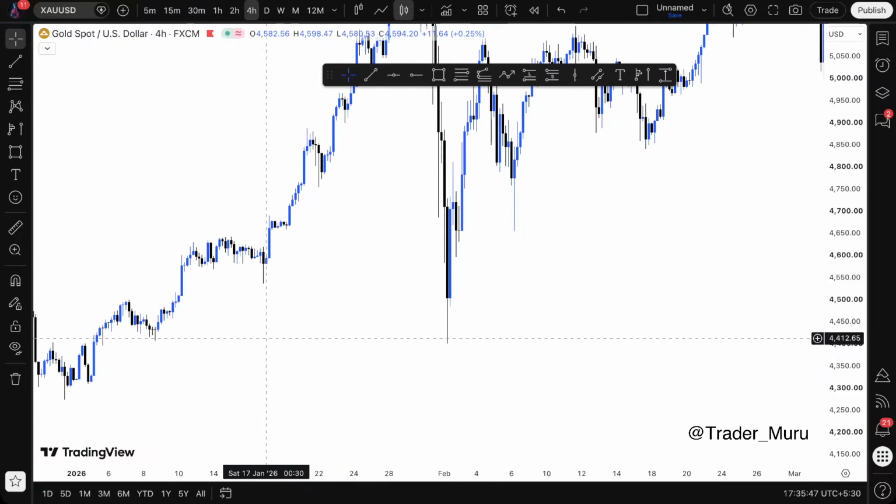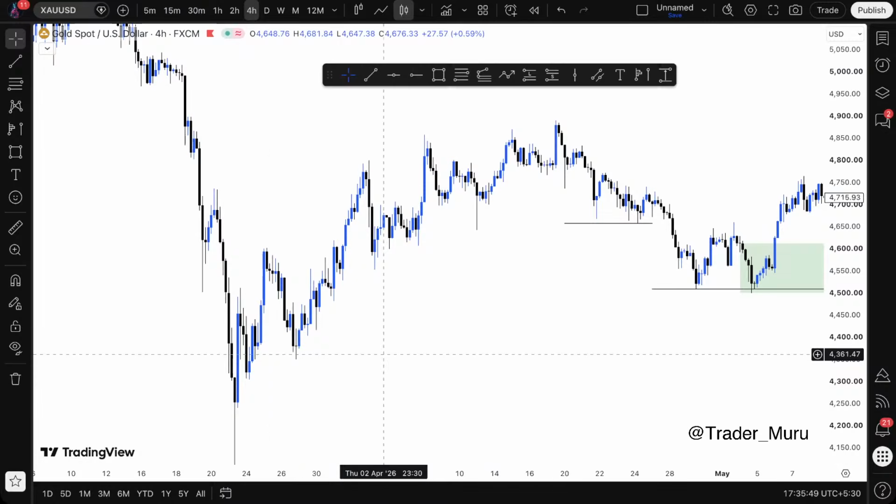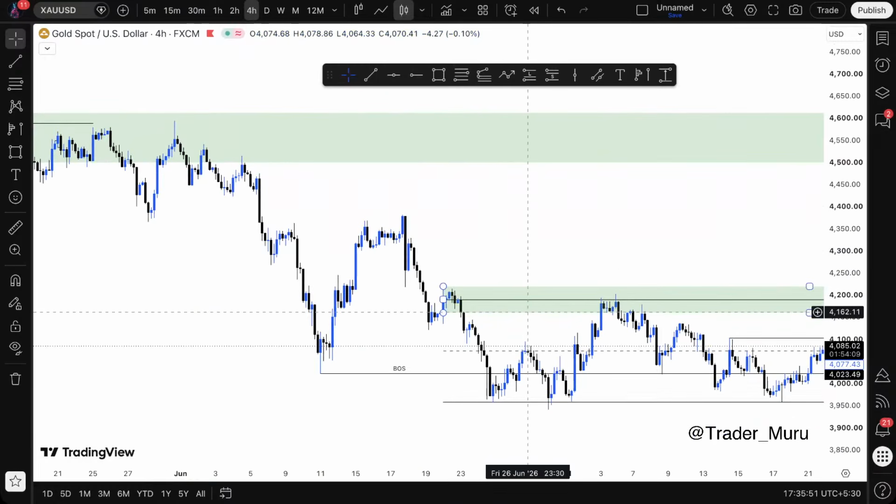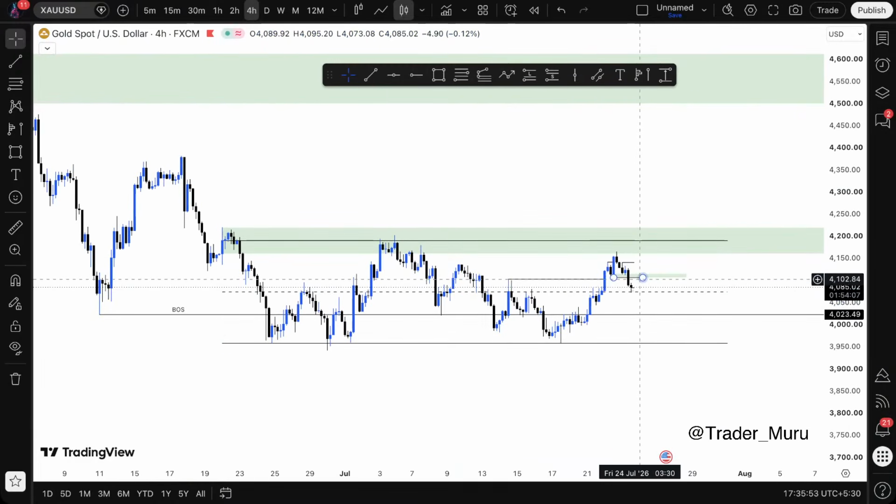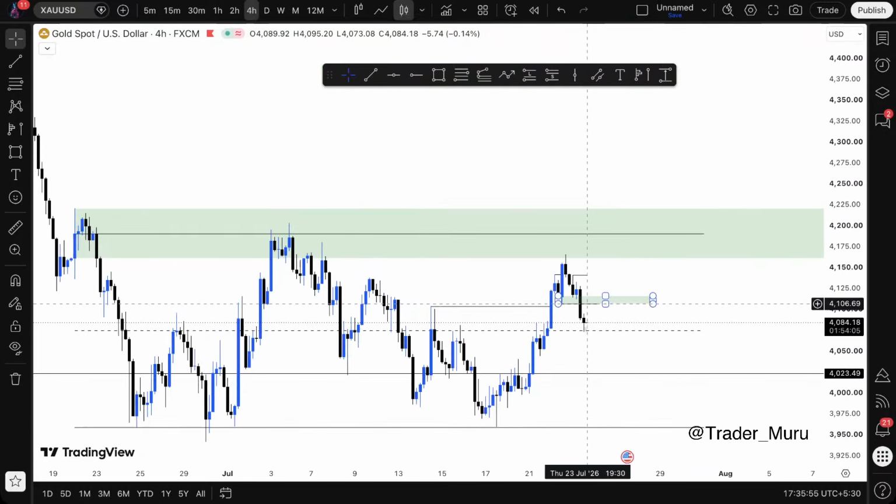So you have to look at a bigger time frame, which is bullish right now. 4 hour is bullish. So until this also changes to bearish, you cannot sell here.